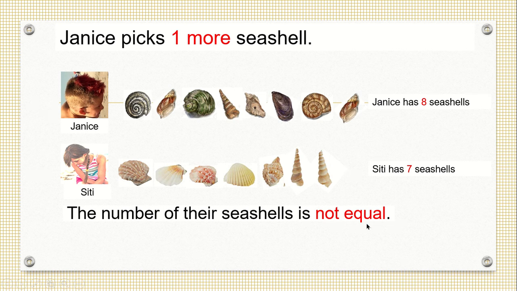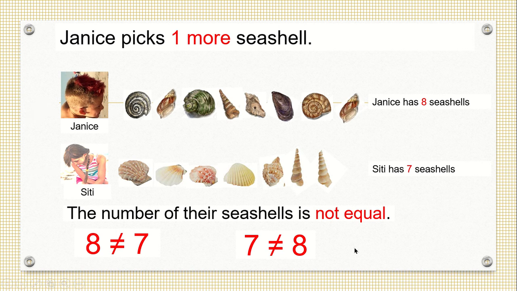Now we can say that 8 is not equal to 7. But this is the same as 7 is not equal to 8. So I can say 7 is not equal to 8 or 8 is not equal to 7.